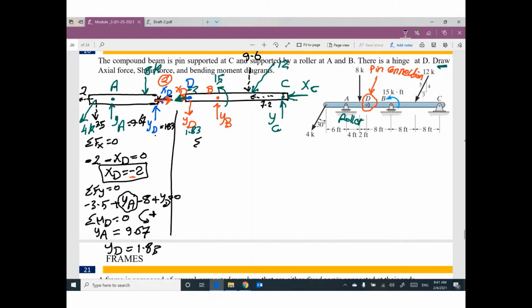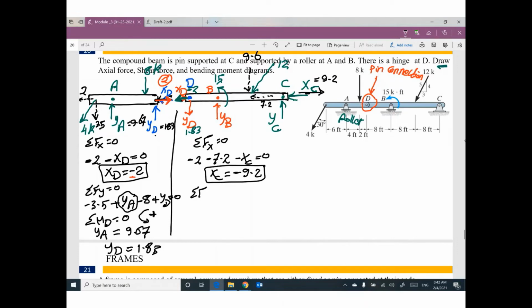Apply summation Fx equals 0. We have negative 2. We have negative 7.2. We have negative XC equals 0. The only unknown is XC, which will be negative 9.2. So this reaction is 9.2, but in opposite direction.